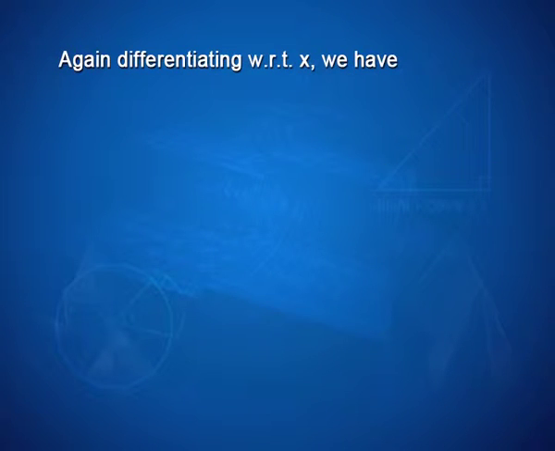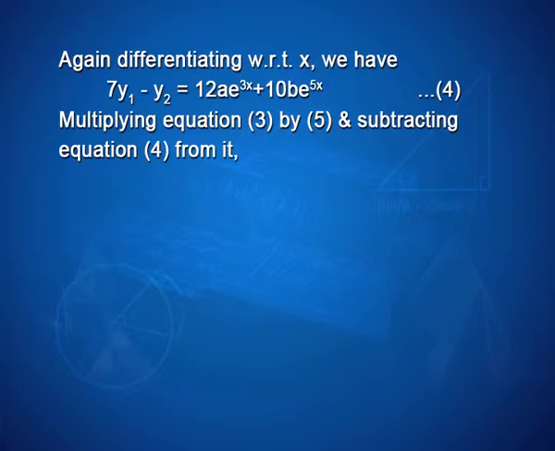Again differentiating with respect to x, we have 7y1 - y2 = 12ae^(3x) + 10be^(5x). Take this equation as 4th. Multiplying equation 3 by 5 and subtracting equation 4 from it, we have 35y - 12y1 + y2 = 8ae^(3x). Take this as equation number 5.